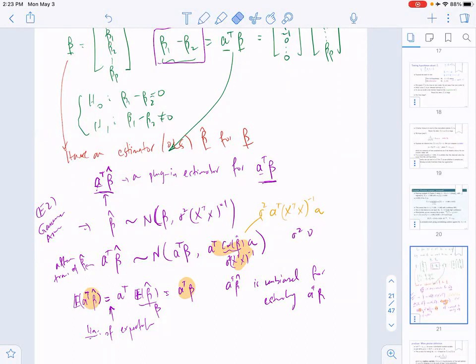For beta I, this was the ith entry, but that was a special case where A just has a single entry 1 and the rest are 0, with the 1 at location I. Now instead of the diagonal entry, you just have this other scalar. So if you go back to the proof that we did for the T statistic, everything goes through.